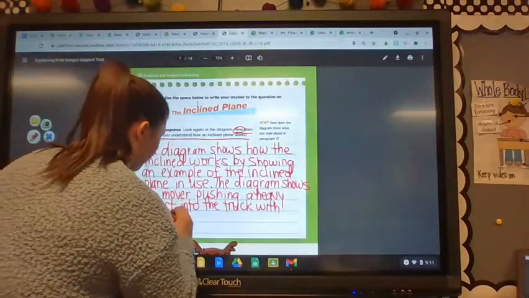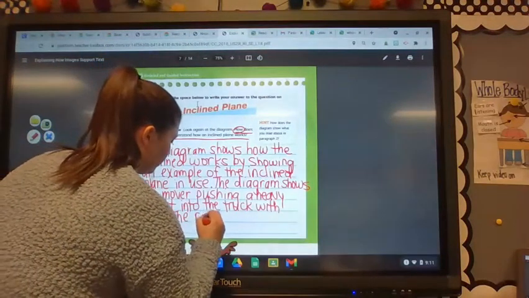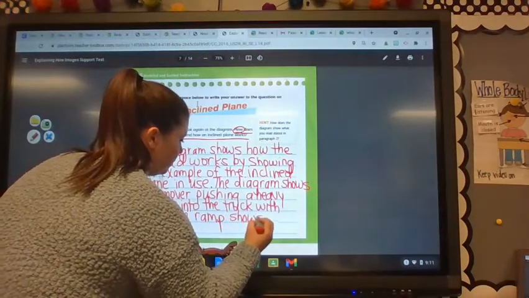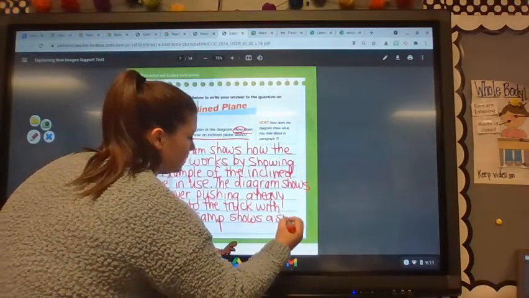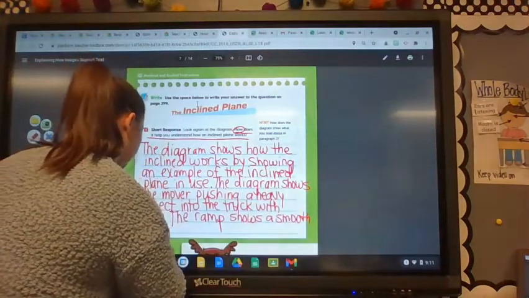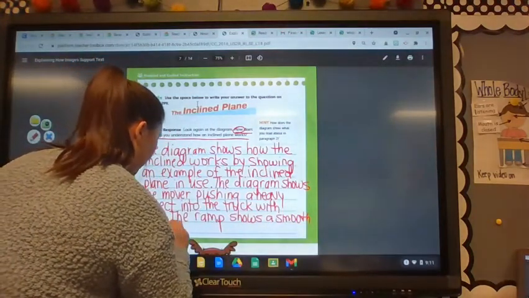The ramp shows a smooth surface from a lower place to a higher place.